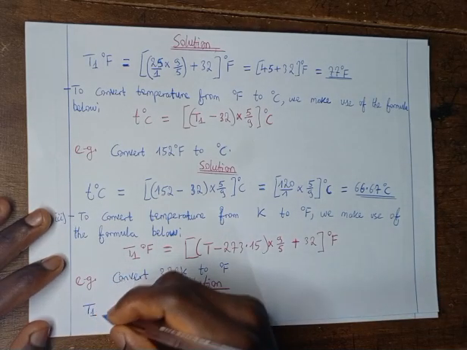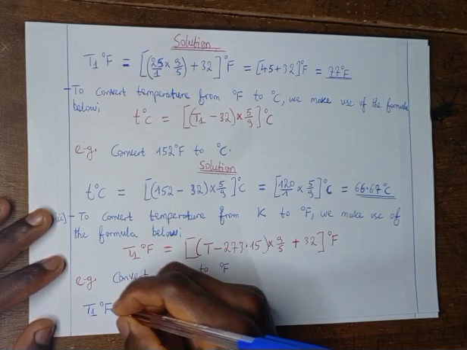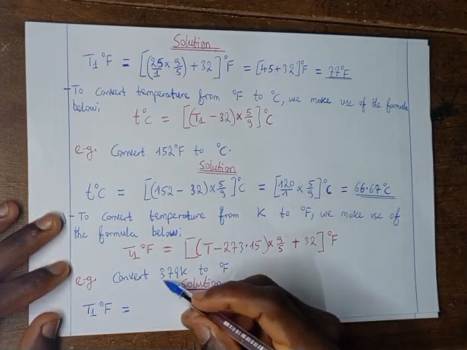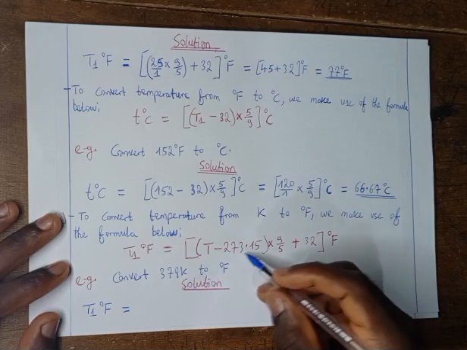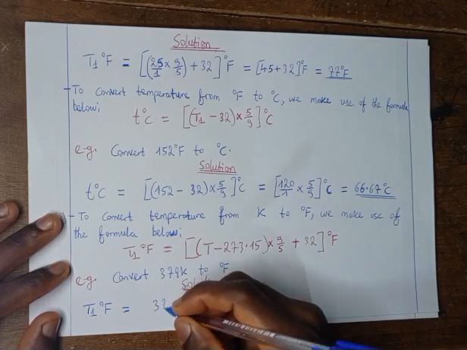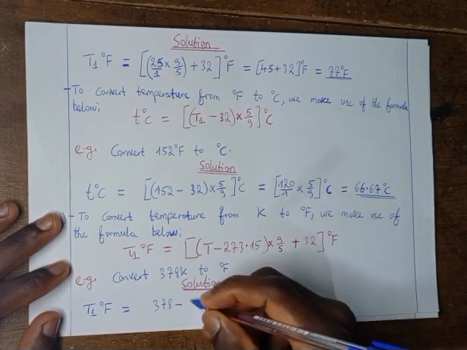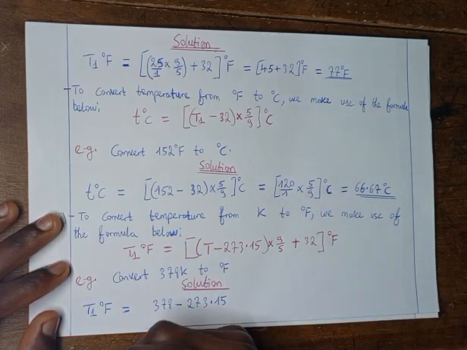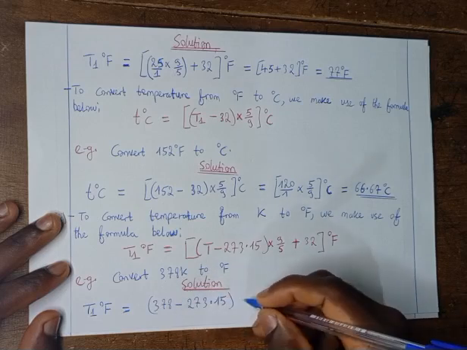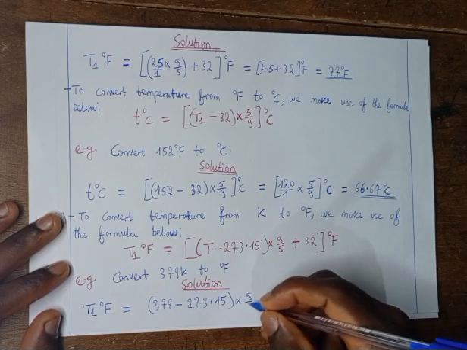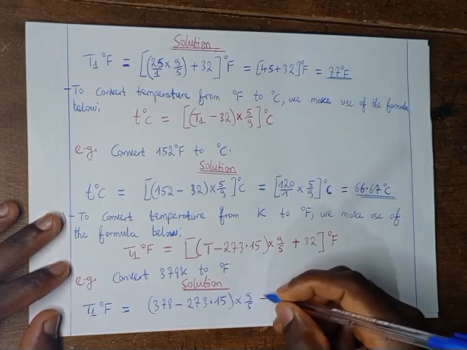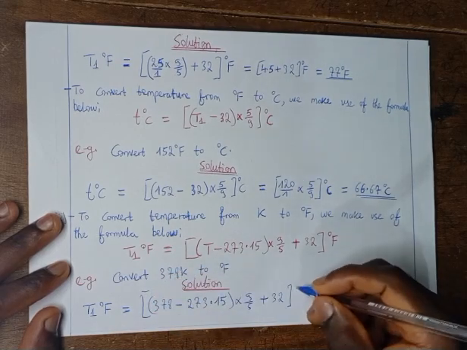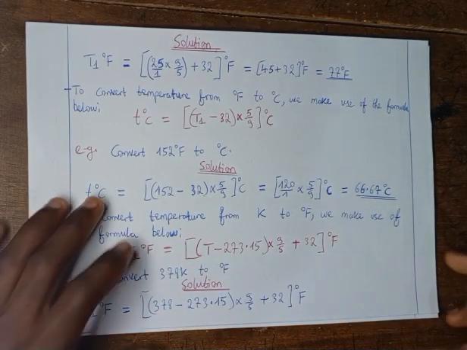T subscript 1 in degrees Fahrenheit will simply be equal to, we are going to take the value of the temperature in Kelvin, which is 378 minus 273.15 as such. Then we multiply it by 9/5. Then we add 32 to the result. And all this will take a unit of degrees Fahrenheit.